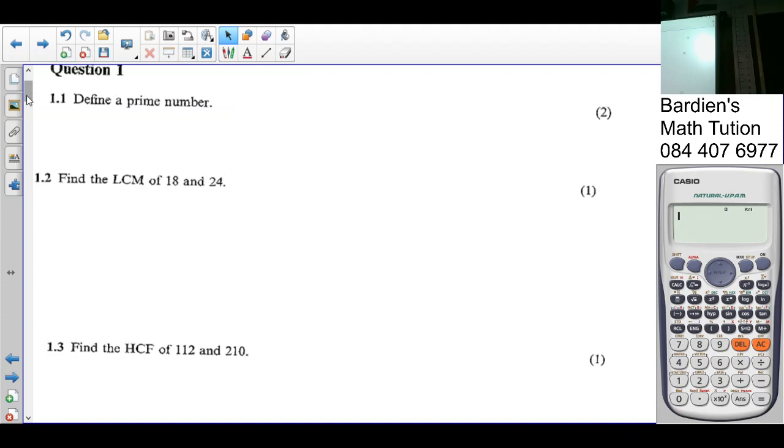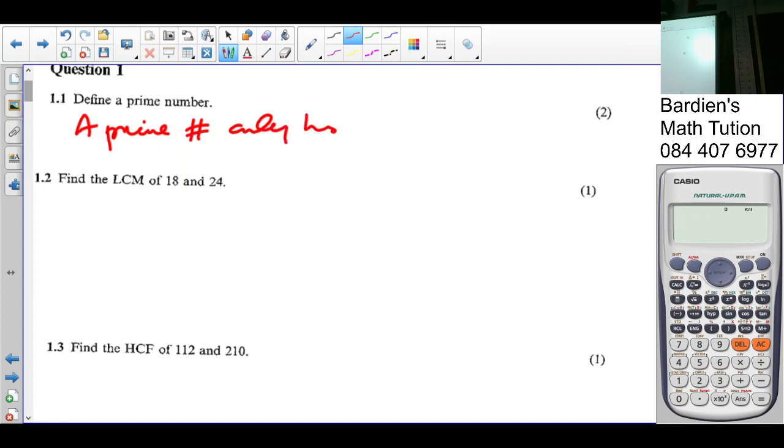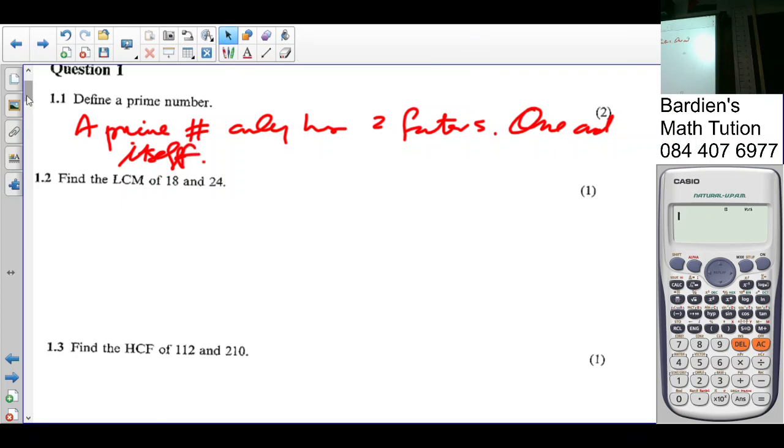So a prime number only has two factors, 1 and itself. You all okay with that?